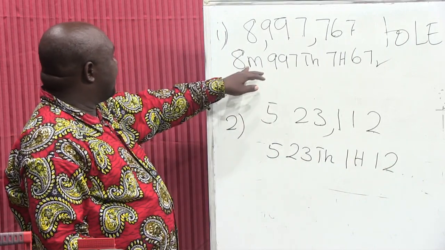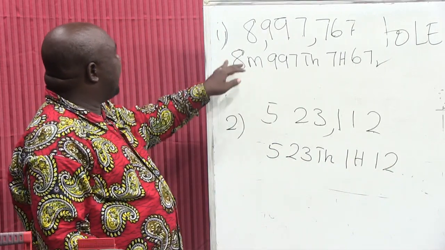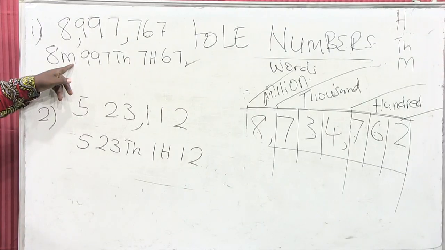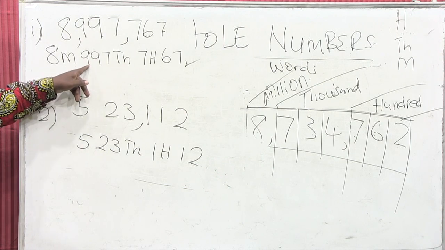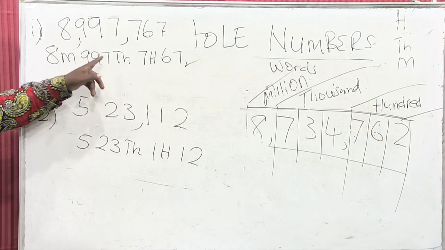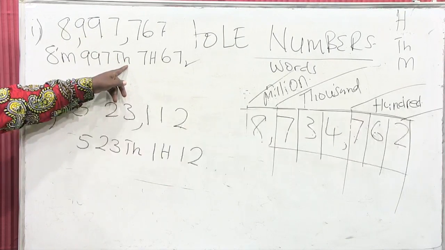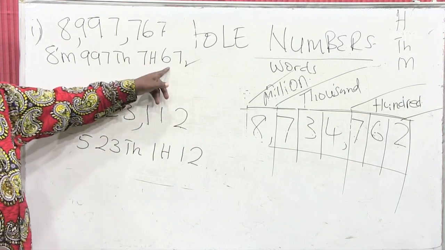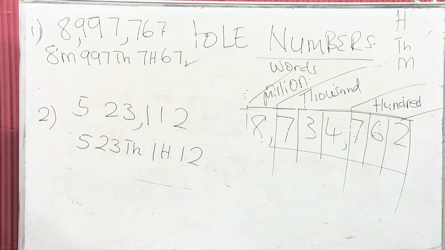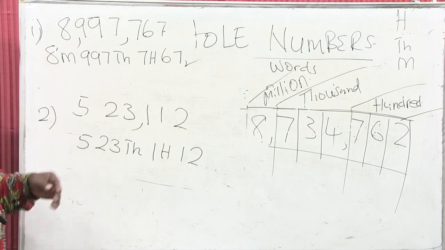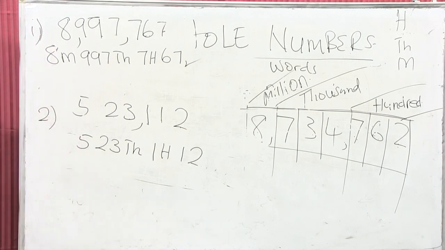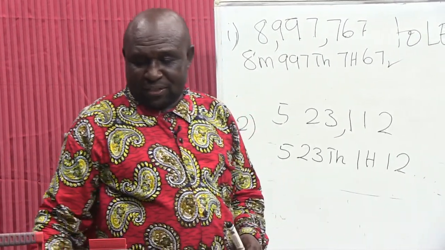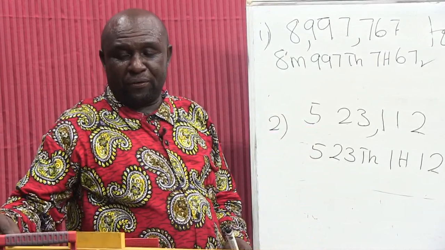So you can see 8 is in the period of million. 997 is in the period of thousand. 767. This is how we read the number when given that numbers in numeral.